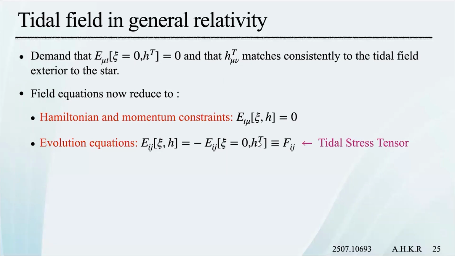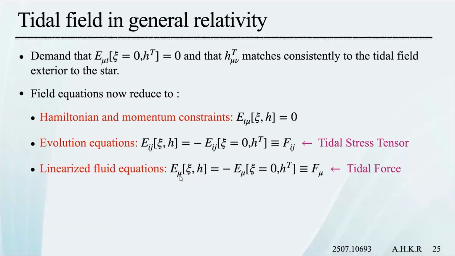But anyway, any field which satisfies this condition will source in some non-trivial way a tidal stress tensor. And then the fluid part, of course, gets a tidal force, and the force is shown here. So these two objects, the tidal stress and the tidal force, are not unique because the split is not unique.